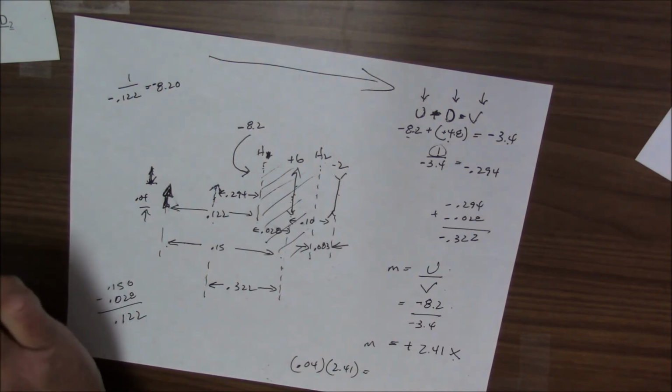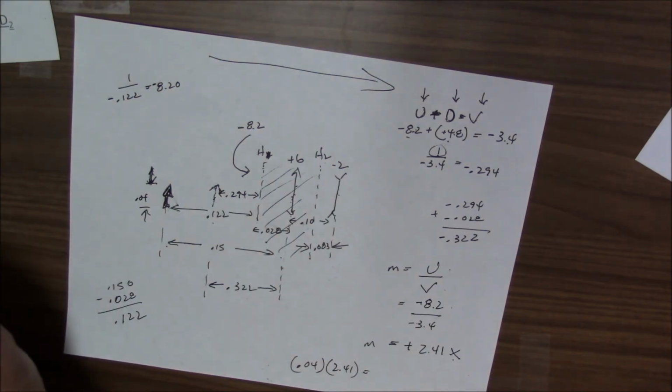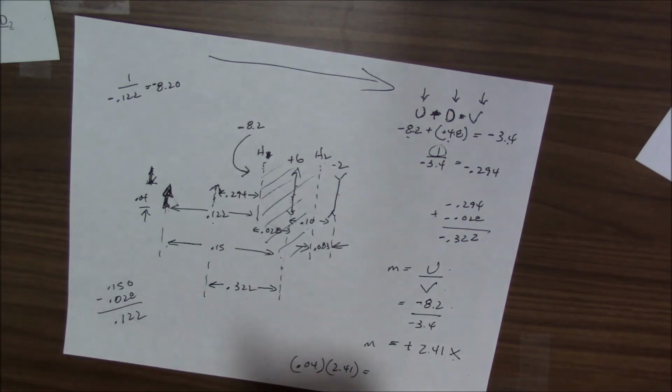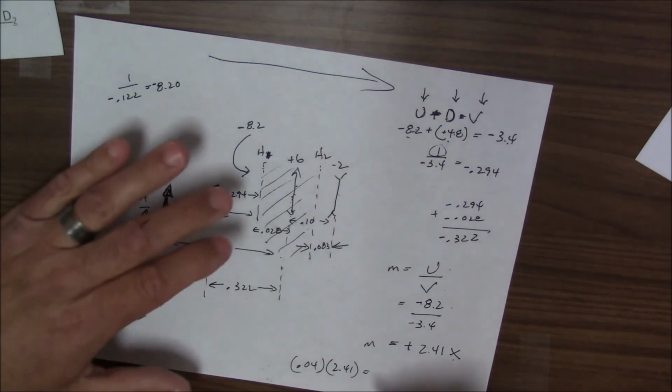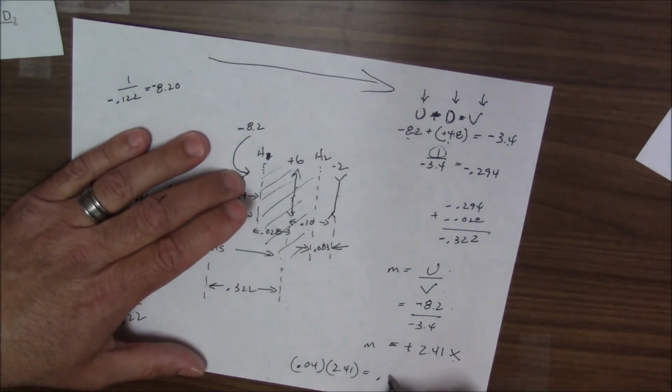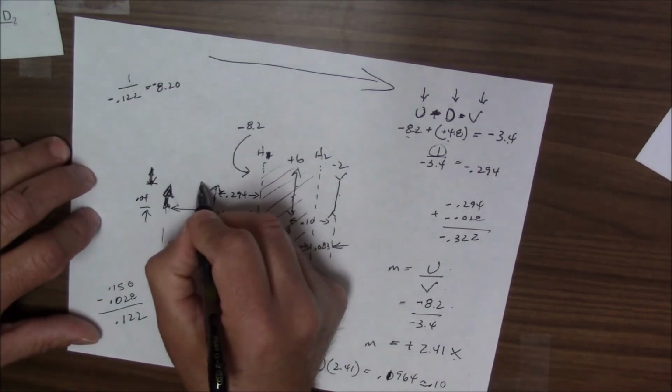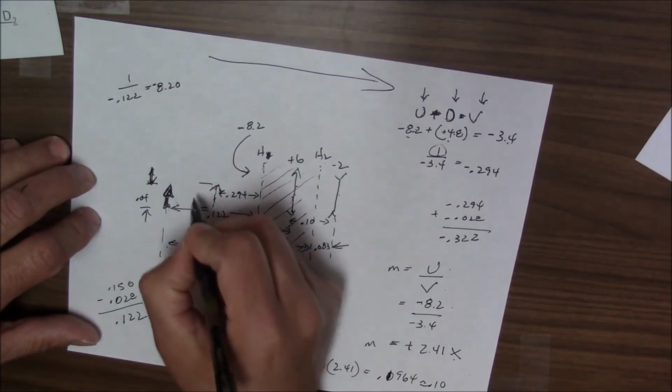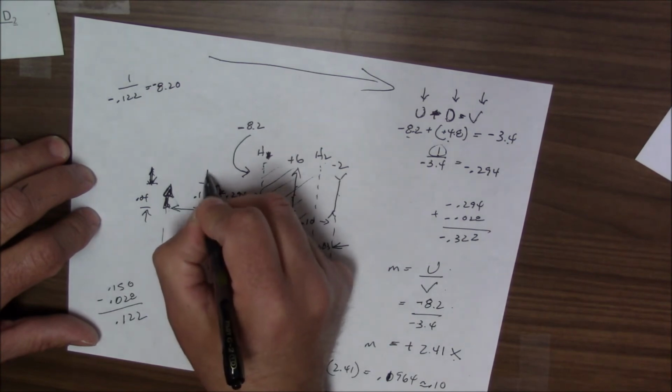That guy is going to be 0.04 times 2.41, and that gives you a little more, not quite 10 centimeters tall, 0.964. I'm just going to make it 10 centimeters approximately, all right? Which means that this guy over here, from here to here, is actually 10 centimeters tall.